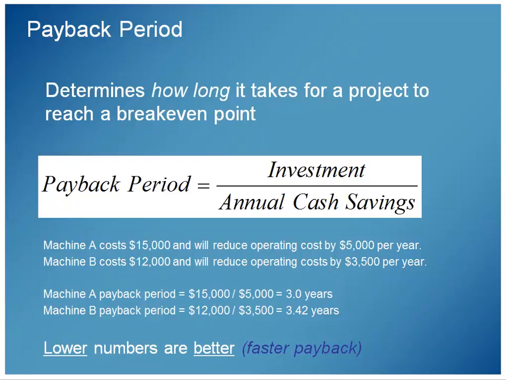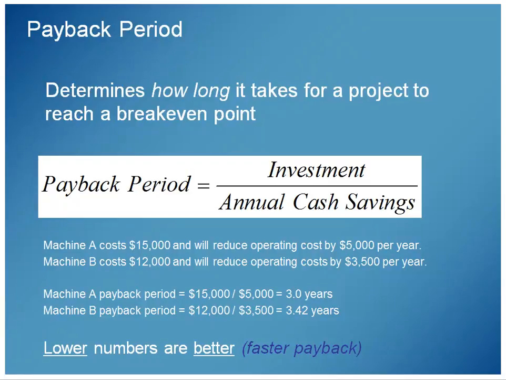So which one has the better payback period? Well, I can calculate this simple payback period by doing investment divided by the annual savings, and I get 15,000 divided by 5,000. That's 3. The units are years, so I get 3 years for that. And the B example, it's 12,000 one-time cost divided by 3,500 annual savings, and that's 3.42 years.